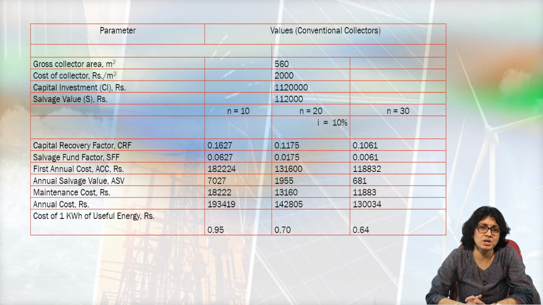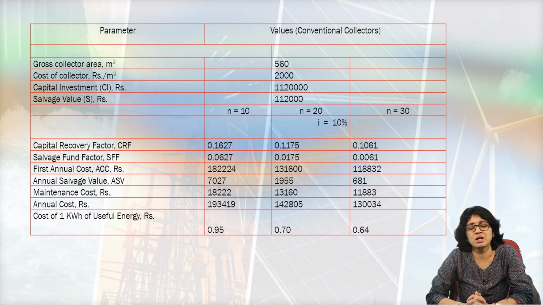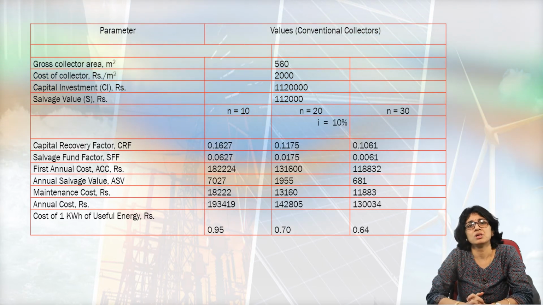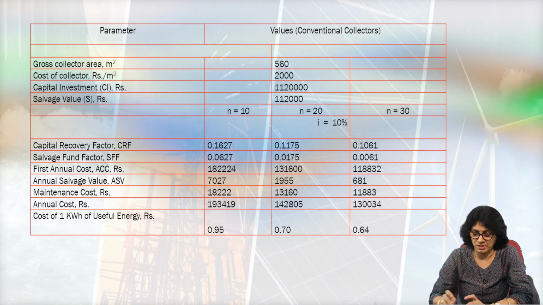Similarly, you can calculate the cost of 1 kilowatt hour of useful energy as 0.7 and 0.64 when the life of the system is 20 and 30 years respectively.